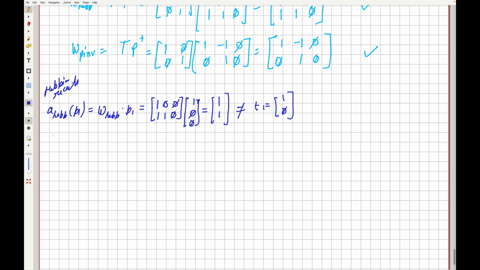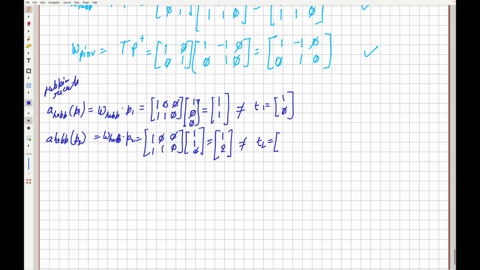Second thing is when we try and calculate the same thing using P2. So let's try that. For P2, we have W Heb dotted with P2. Again, we have the same weight matrix 1 1 0, and we dot that with P2, and so here what we get is 1 times 1 is 1, rest are 0, again 1 times 1 is 1, that happens 2 times, so we have 1 plus 1, 2, and again this is not equal to T2, which is equal to 0 1.